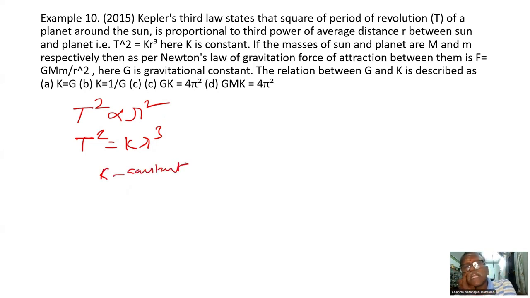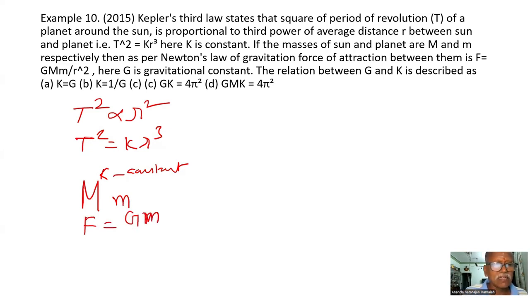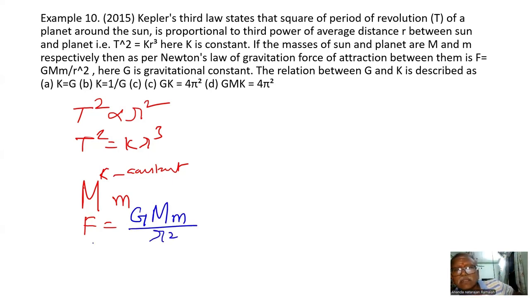If the masses of the sun and the planet are capital M and small m respectively, then as per Newton's law, the gravitational force of attraction between them is F equal to G M m divided by R square, where G is the gravitational constant.